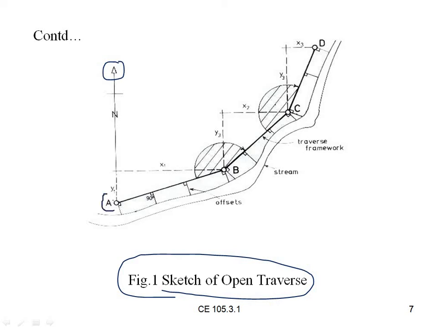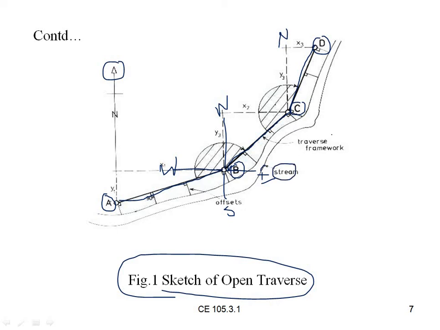From this is the point A, and if it starts from here it goes to the point B, and after B again it shows the north, south, east and west directions. Again from the northeast direction it goes to the point C. Again from C, in the north direction, it goes to another point D. So it is going on along the stream.